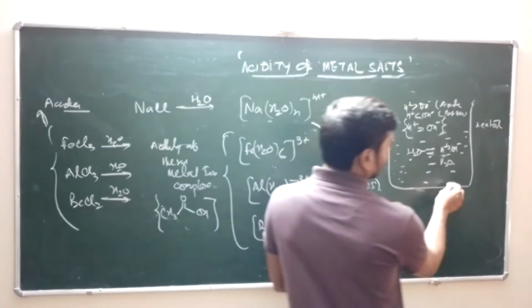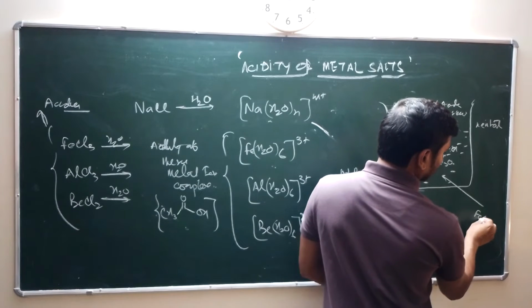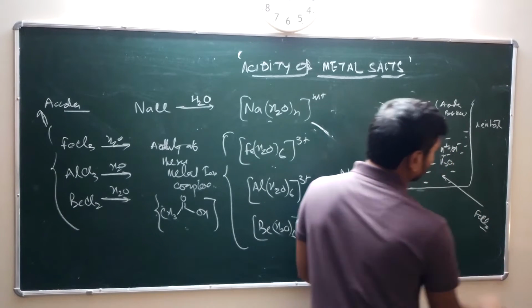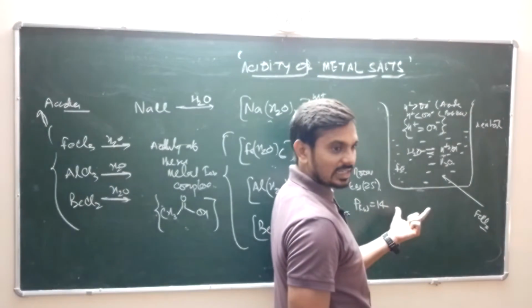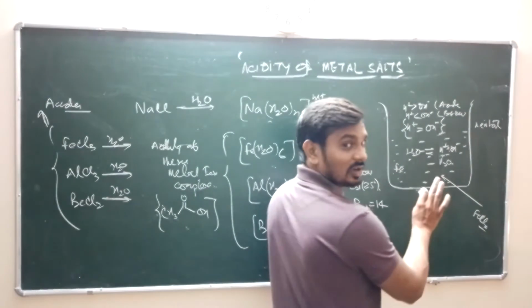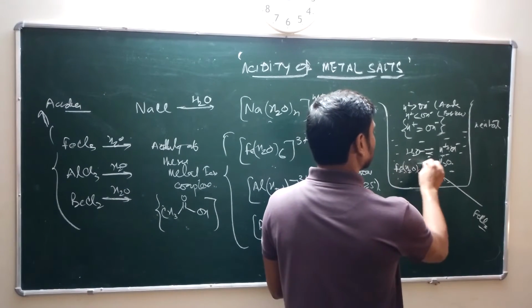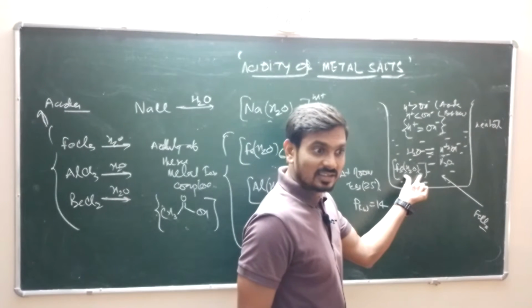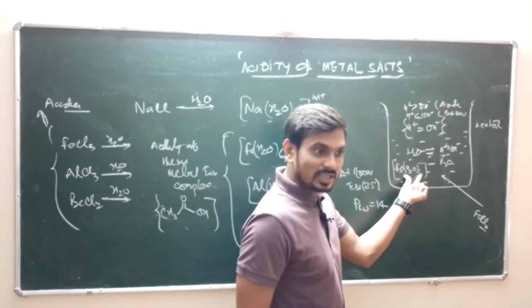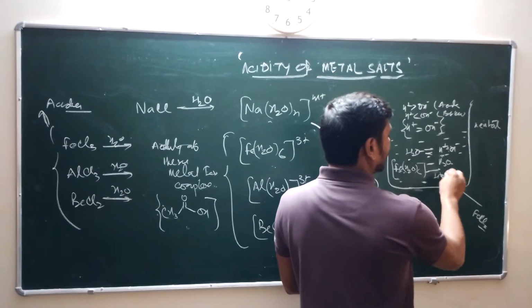And if you dissolve FeCl3 into this, what will happen? Fe will get associated with a number of H2O molecules and form this kind of complex. And if this molecule itself liberates one H plus ion, what will happen?